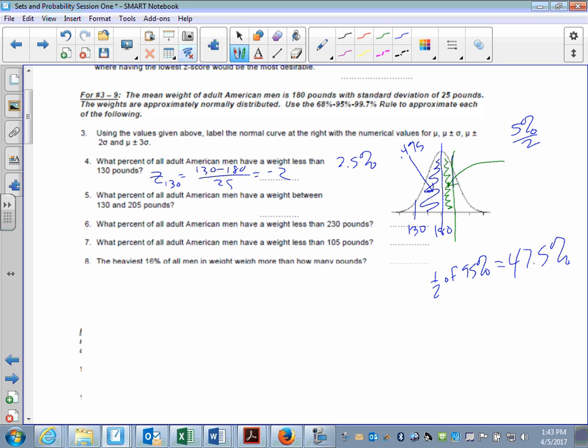So this region here is going to be 1/2 of 68%, which is 34%. Now, to get the combined shaded region from the blue and the green here, we would add these two together and we would get 0.815, so 81.5%.